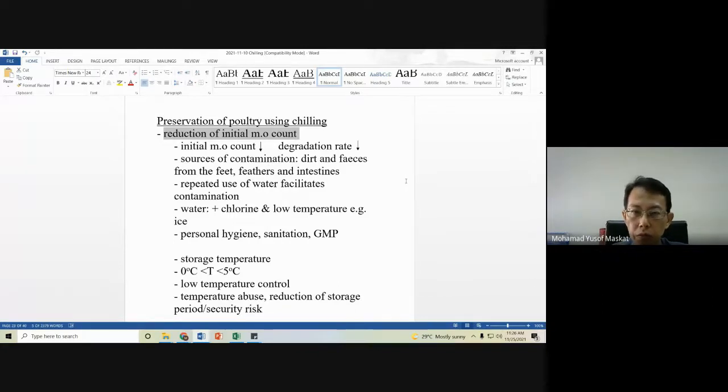Any type of food preservation, this is the first step that the industry or the company has to take, and we should never discount this factor. With lower initial microbial counts, the degradation rate will also be lower, and that will reduce the burden on our preservation method.